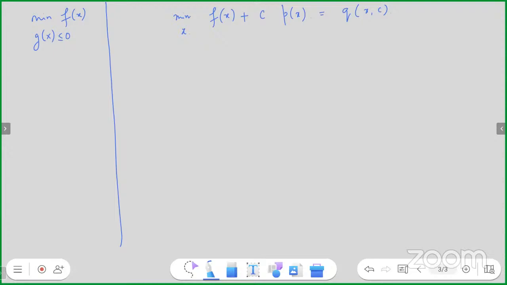That's the big picture. If I can solve this problem repeatedly by increasing C, I should expect, under some technical conditions, to reach the optimizer of my original problem. That's the basic picture. It's not very different from the Lagrangian, except that the P of x is not g of x directly.